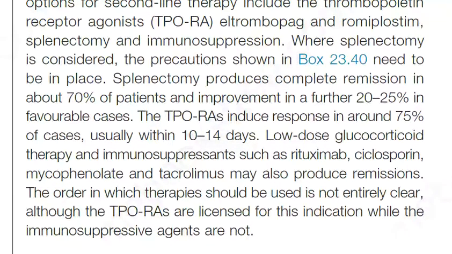Low-dose glucocorticoid therapy and immunosuppressants such as rituximab, cyclosporin, mycophenolate, and tacrolimus may also produce remissions. The order in which therapies should be used is not entirely clear, although the TPO-RAs are licensed for this indication while the immunosuppressive agents are not.